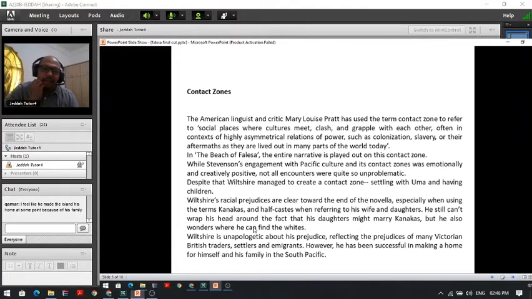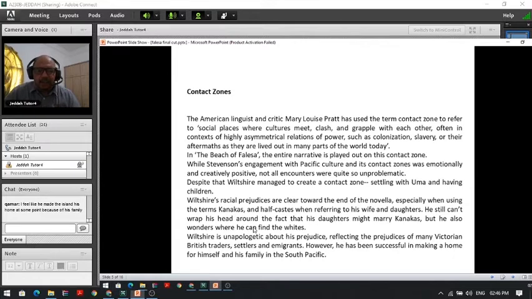We also spoke about one possible theme of the novella, the idea of contact zones, the areas on shores, coasts and ports where you normally have people gathering from different nationalities and cultures.